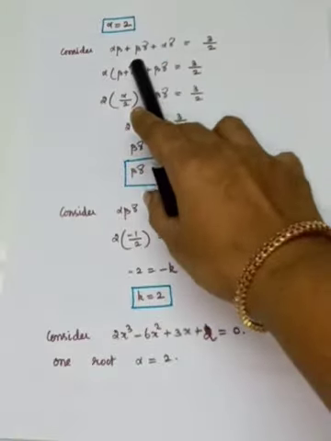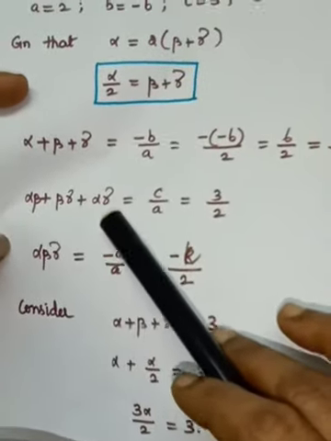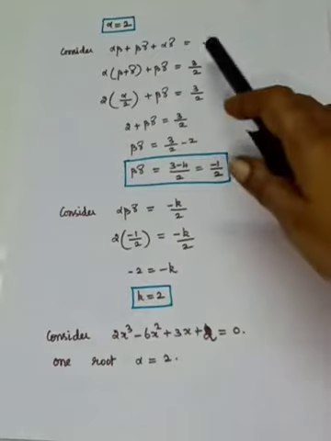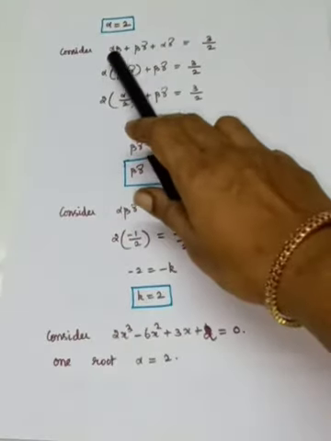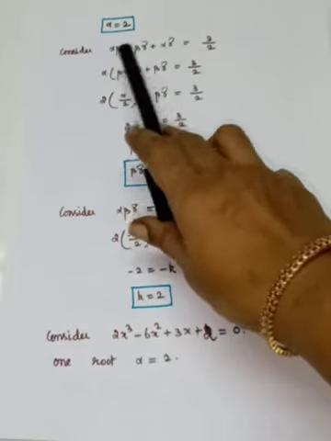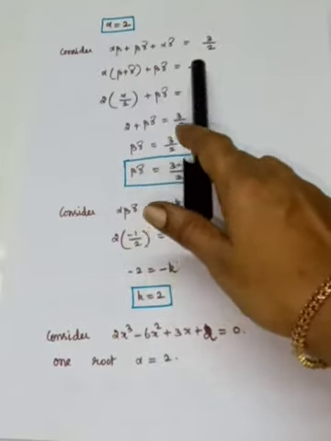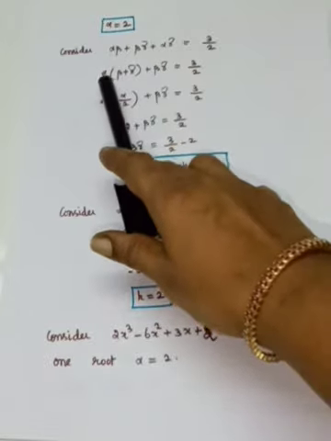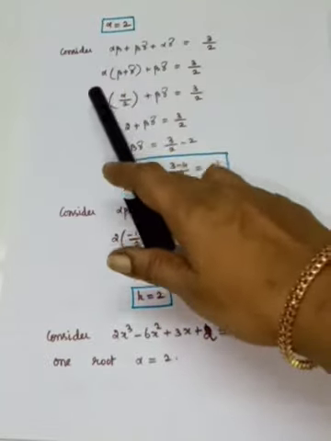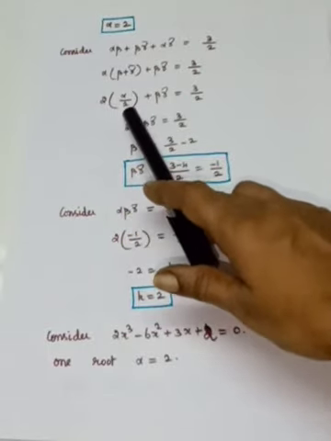And take the second result. Alpha beta plus beta gamma plus alpha gamma is equal to 3 by 2. From this, the first term and the third term, if we take alpha out, it is alpha times beta plus gamma, plus beta gamma, is equal to 3 by 2. What is alpha? Alpha we have found is 2, and from the given condition beta plus gamma is equal to alpha by 2.